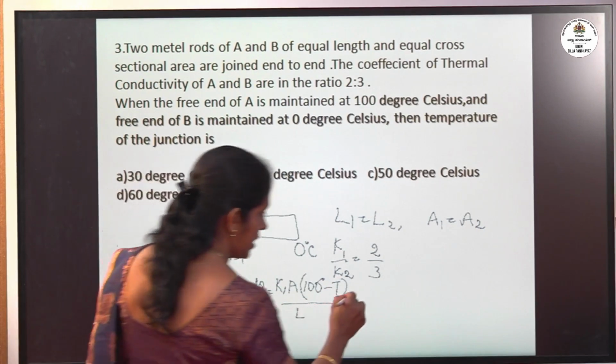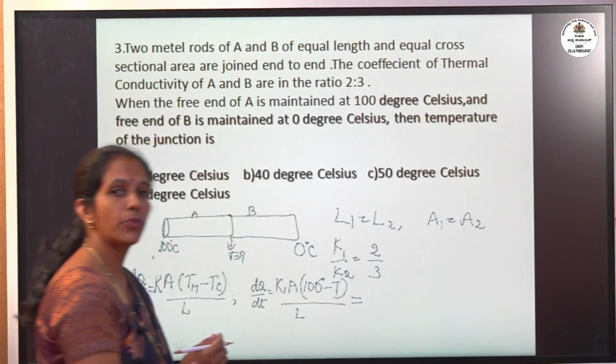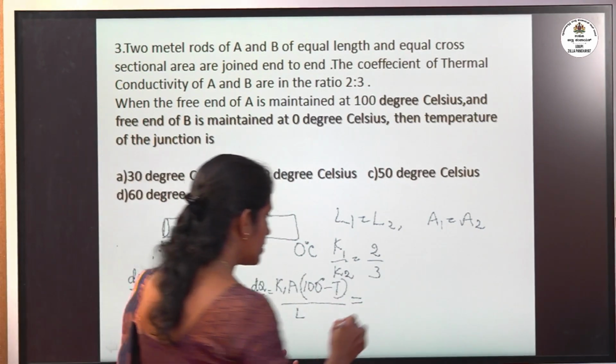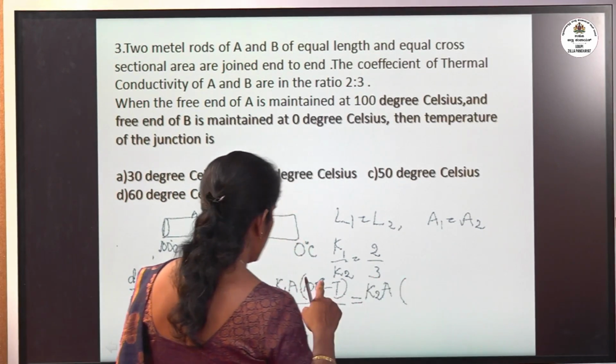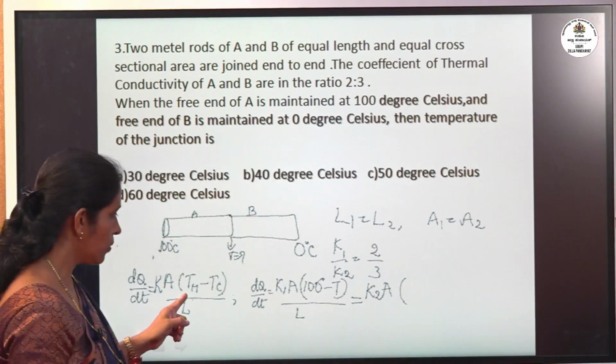At steady state, the rate of flow of heat is the same. Therefore, this is equal to K2 into A into (Th, the temperature of the hot body).